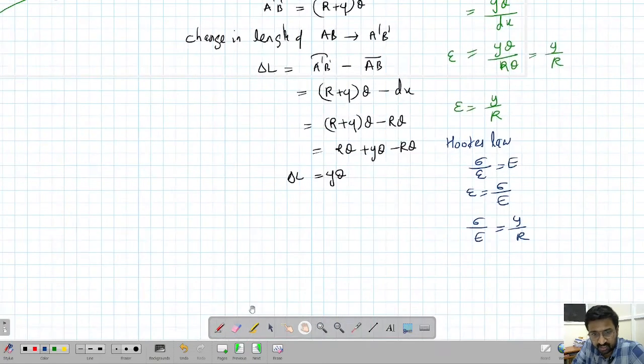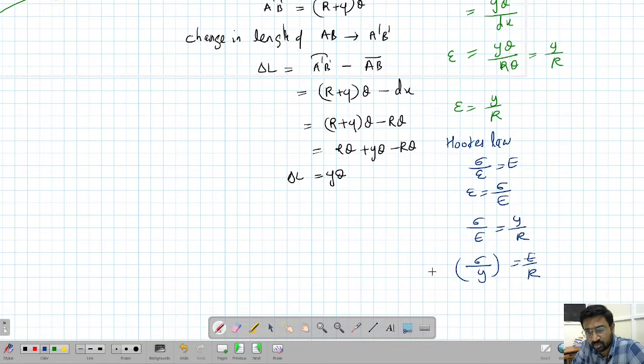So I'll rearrange this term, gives me sigma upon y equal to E by R. So this is the first part of the derivation. This gives a relation between stress at any point y distance from the nodal axis in relation to Young's modulus and radius of curvature at that point.